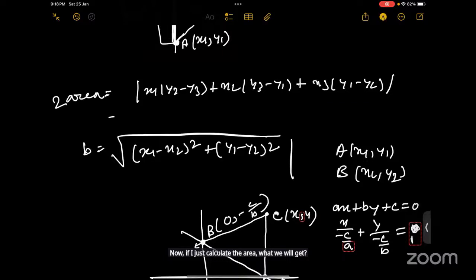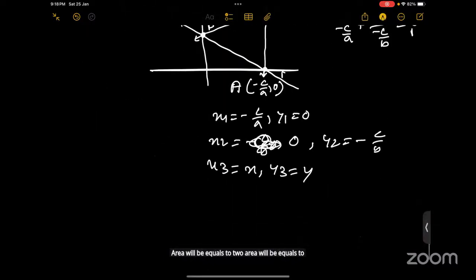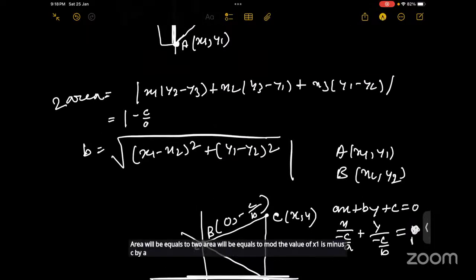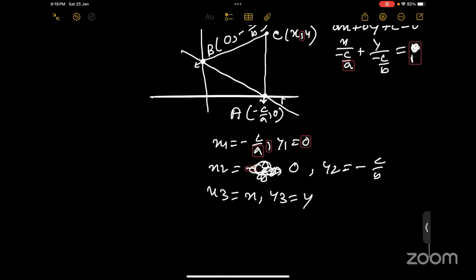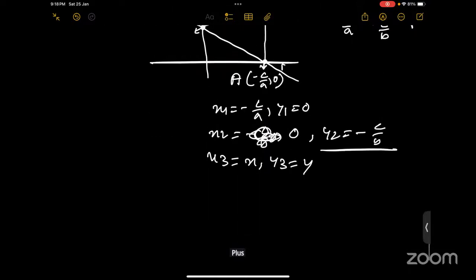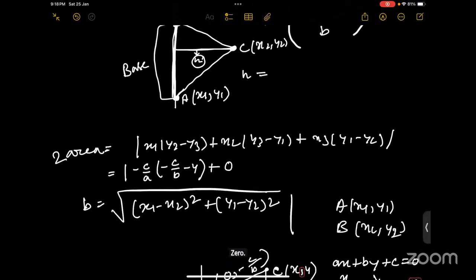Area will be equal to mod, the value of x1 is minus c by a. What is y2? y2 is minus c by b, minus y. Plus, what is x2? x2 is 0, that means this whole portion will be 0. x3 is x.